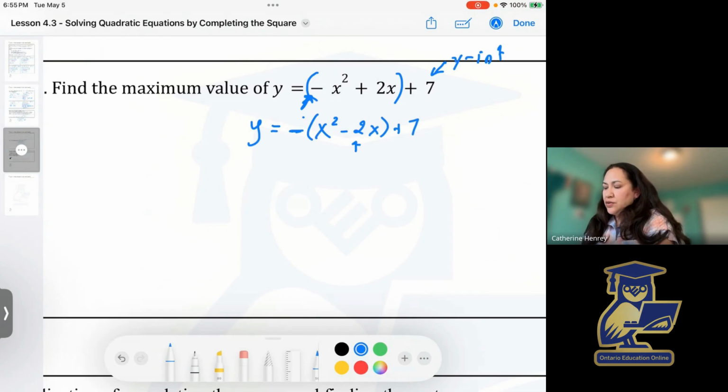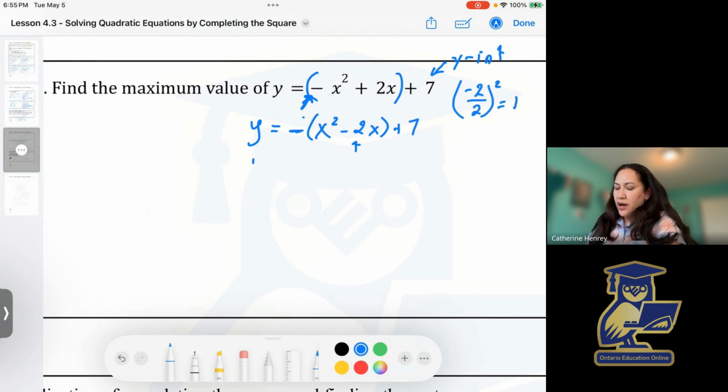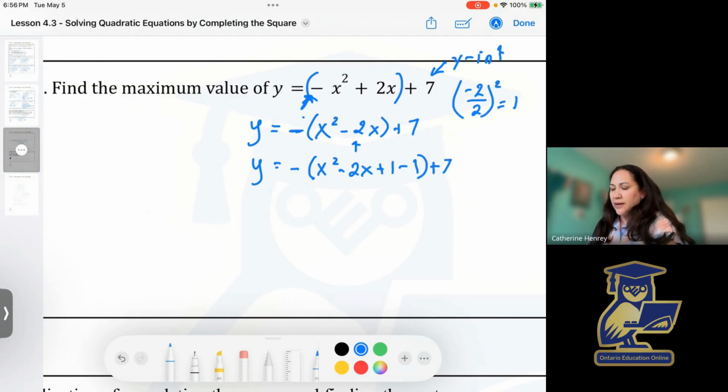So negative 2 divided by 2, square it, and that's going to equal 1. So y is going to equal negative times x squared minus 2x plus 1 minus 1, and then I have positive 7 outside the bracket.